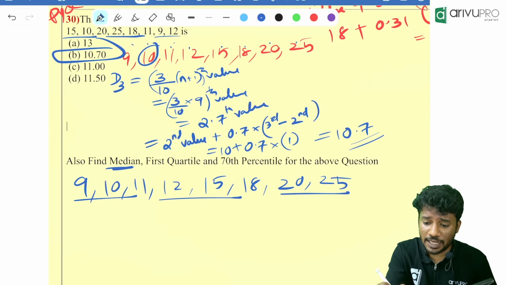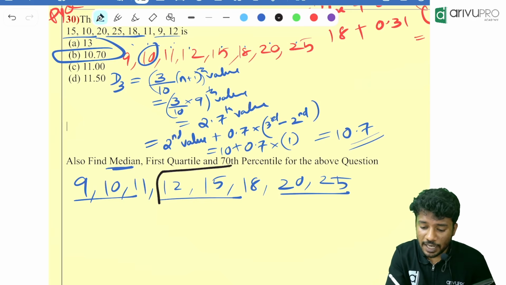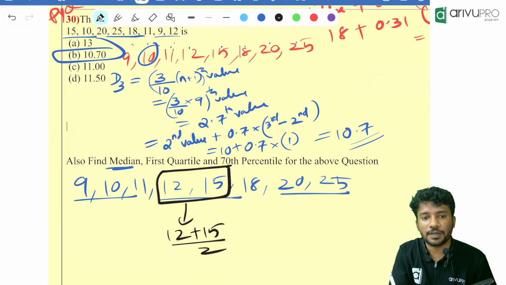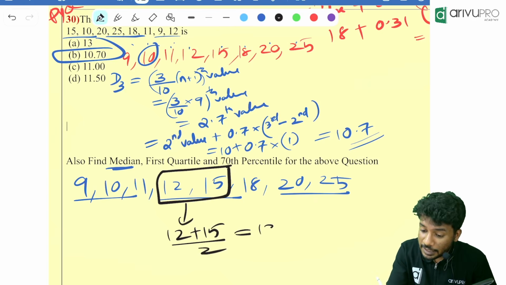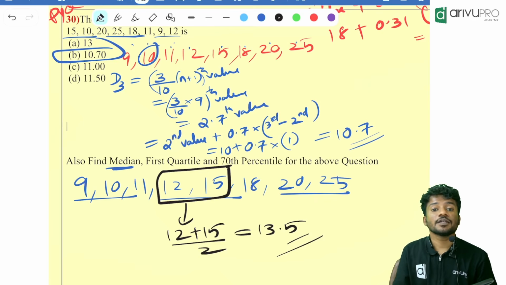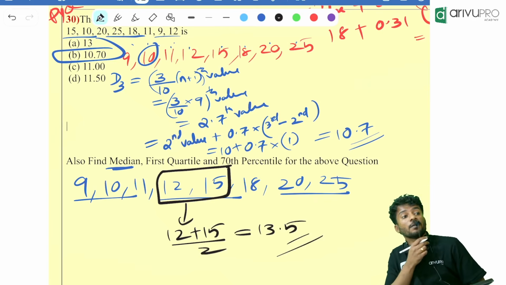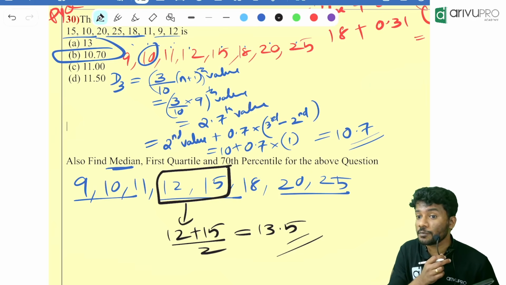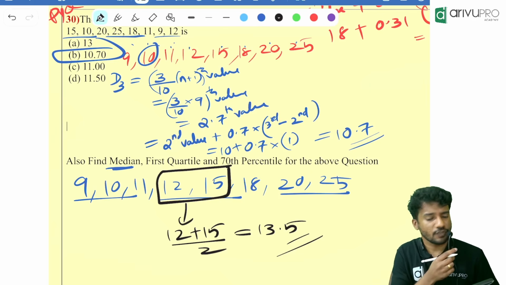The middle two values are 12 and 15. Just take the average of both. 12 plus 15 divided by 2 is 13.5. Directly you will get it. Or you will use the formula 1 by 2 into n plus 1 th value. That time also you will get the same answer. Very easy. Very direct.